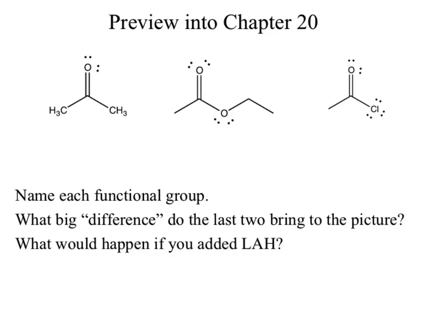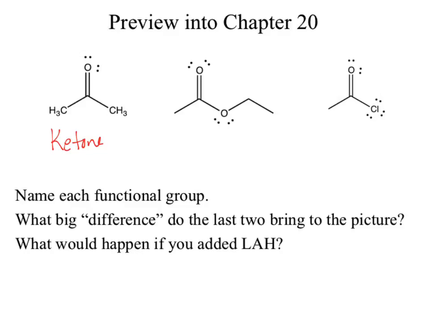As a preview into chapter 20, let's take a look at these three compounds. What are the names of each of these functional groups? I'm not going to let Sean redeem himself on the first one, but you can redeem yourself on one of the others. Anybody got names?